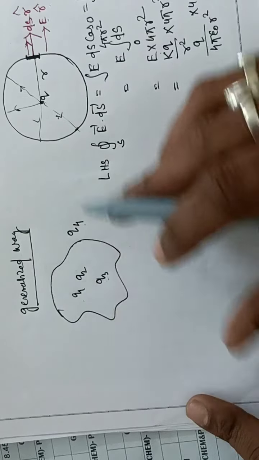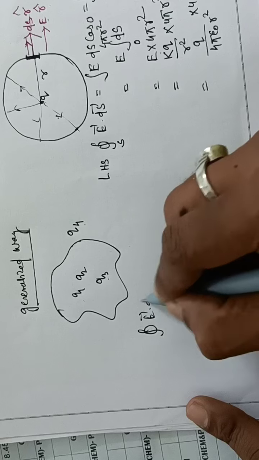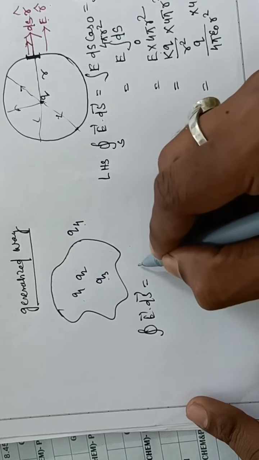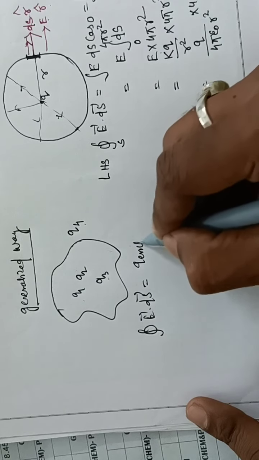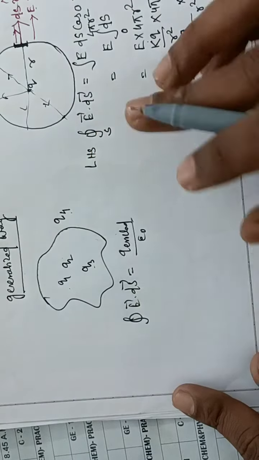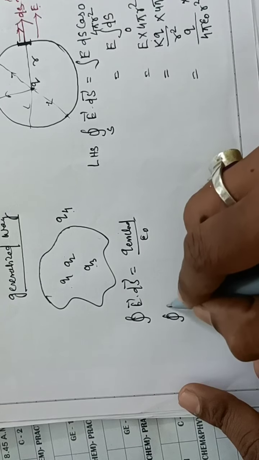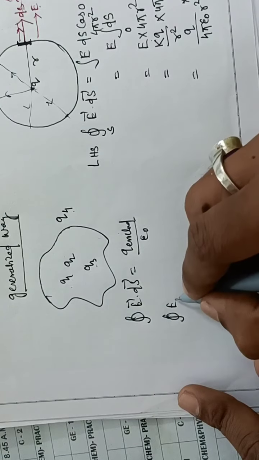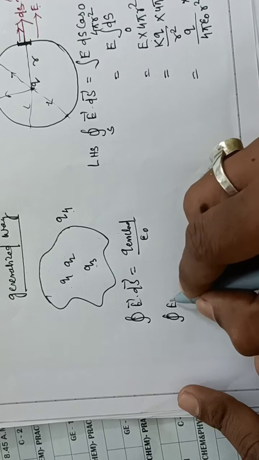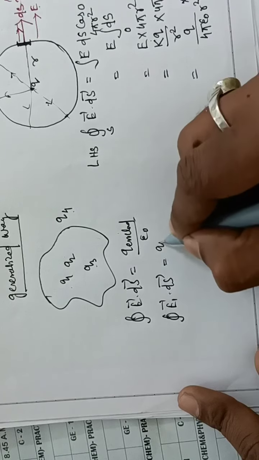Going by the basic Gauss law, I will write E dot ds is equal to q enclosed upon epsilon naught, and due to all charges I will write all the electric fields. This is E. Due to charge 1, this is E1 dot ds equals q1 upon epsilon naught.